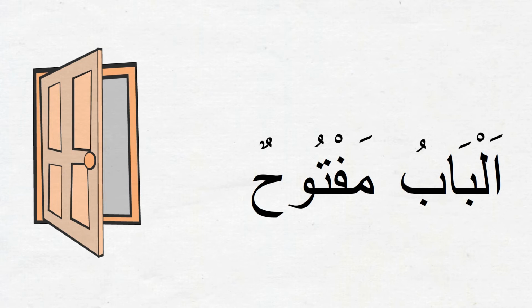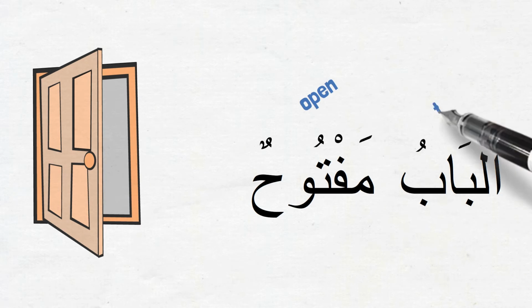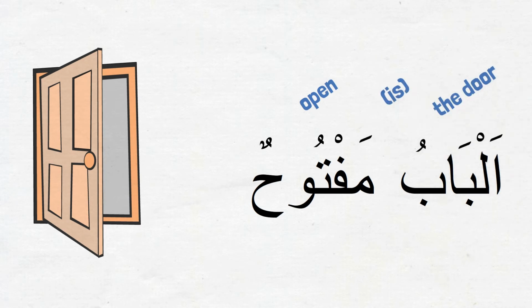Here, the word مفتوح means open. So the translation is the door is open. Both the speaker and listener know which specific door is being referred to. They must have talked about it before, or they somehow know about it.